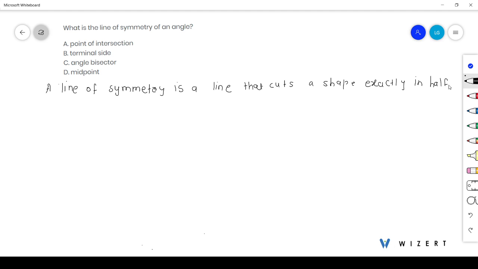Here we have to find the line of symmetry of an angle. So suppose one angle POR.